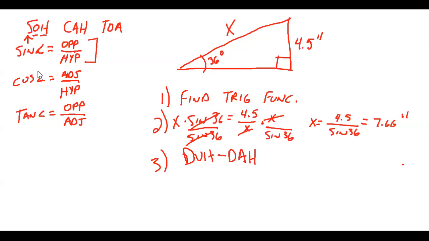But let's see, if I do it on here, it'd be 4.5 divided by sine 36. Oh, I guess not. Okay, so you have to hit 36 and then sine.